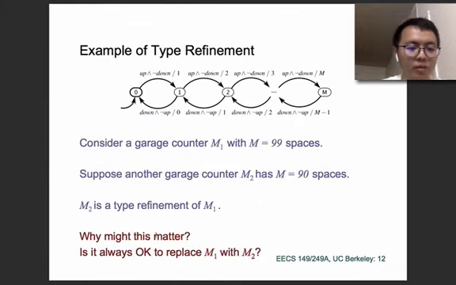So suppose we have a garage counter M1 with 99 spaces, and we have another garage counter M2 which has 90 spaces. Can we replace M1 with M2?